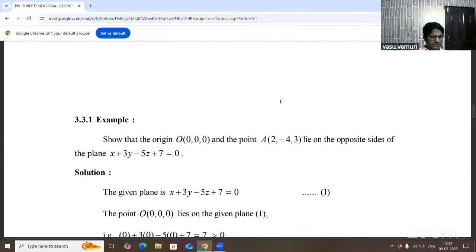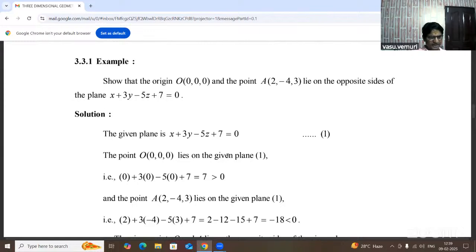Now, according to the above concept, we have to see problem 3.3.1. Show that the origin and another point A lie on opposite sides of the plane. First of all, you must write the given plane. For the origin, in x plus 3y minus 5z, the x, y and z values are 0.